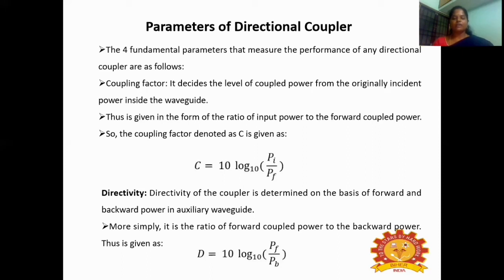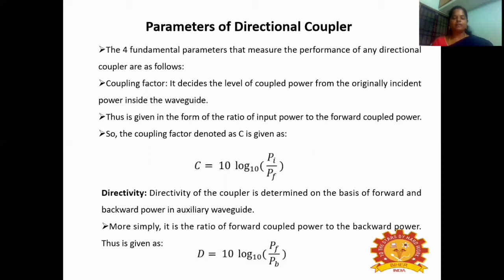That is denoted as C, which is equal to 10 log to the base 10 of Pi divided by Pf. Pi is known as input power and Pf is known as forward coupled power.